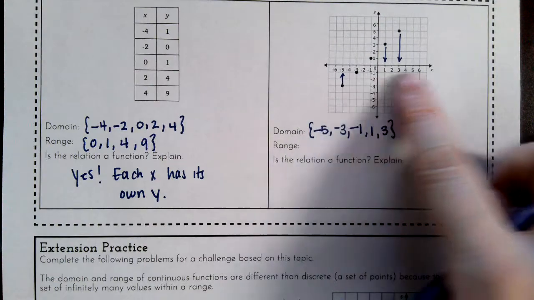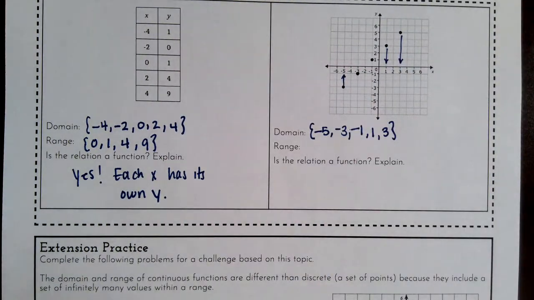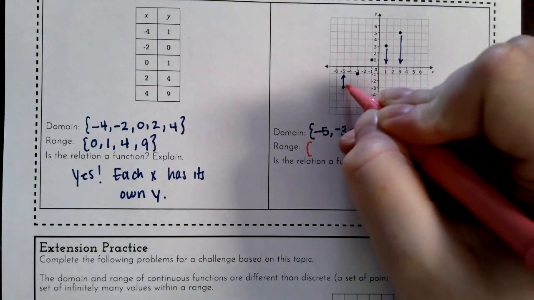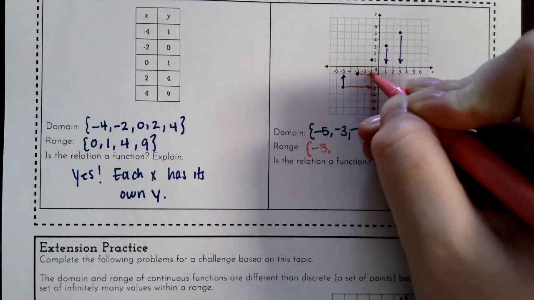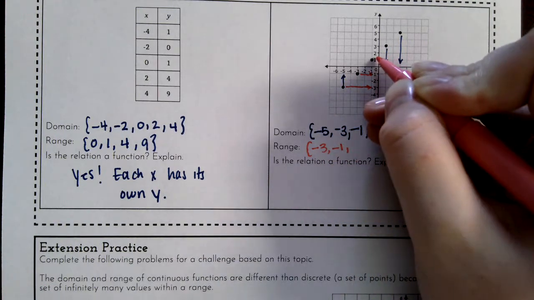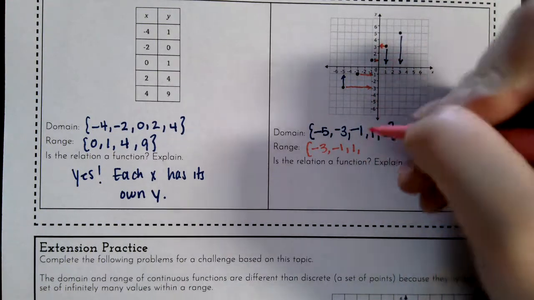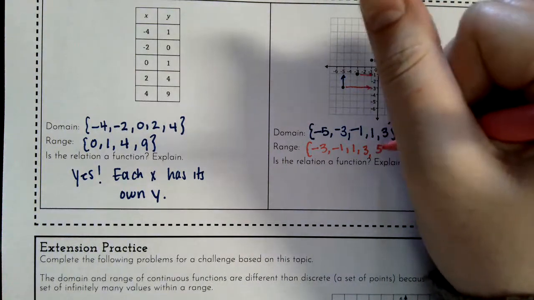So if you go left to right, your x's will always be in order. Now for the range, I'm going to go bottom to top. So on the very bottom, we have -3, -1, 1, 3, and 5.